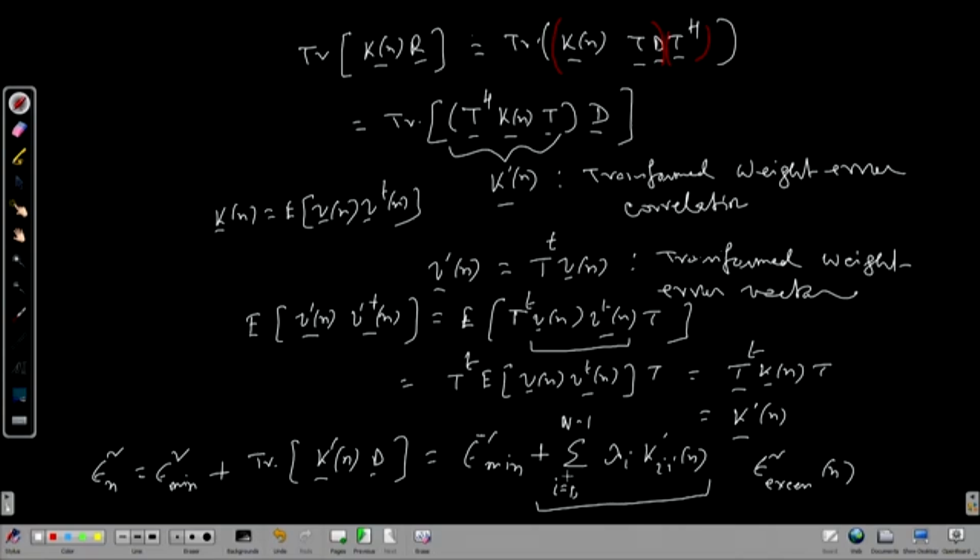This is something that is a superposition of capital N number of sequences. What sequence? This K prime ii n sequence. If each sequence does not grow with time, but decays or at least remains at a finite value, that is, as n tends to infinity they have a finite limit, then the overall sum also will have a finite limit, and these are all non-negative because these are variances.